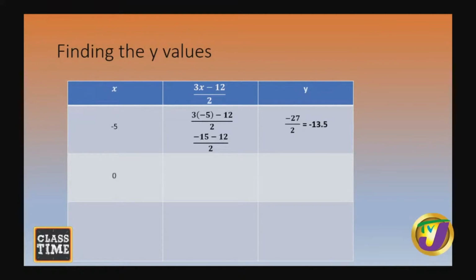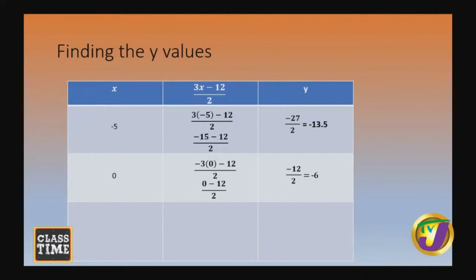And substituting 0 for x in the same equation, we would have 3 multiplied by 0, subtract 12, all divided by 2, which is negative 12 divided by 2, or just negative 6.